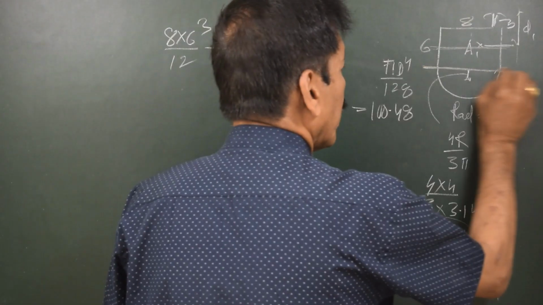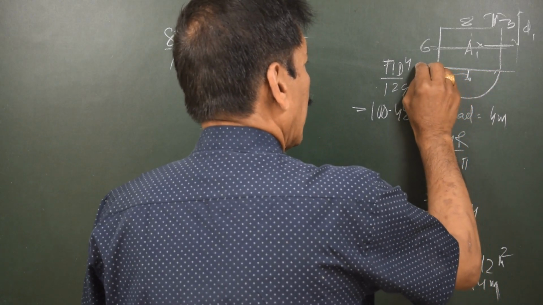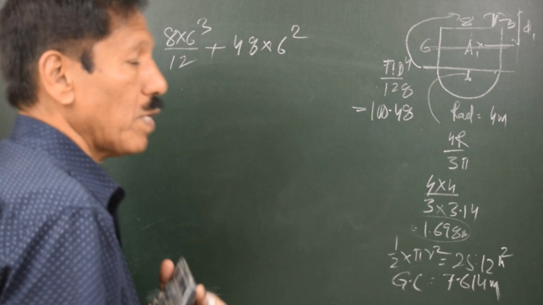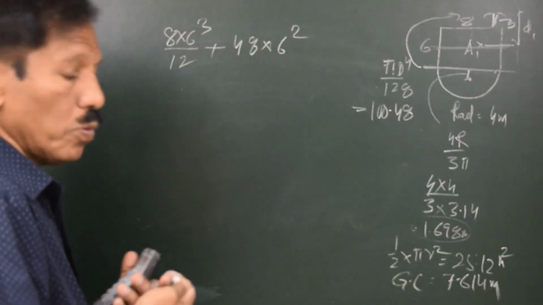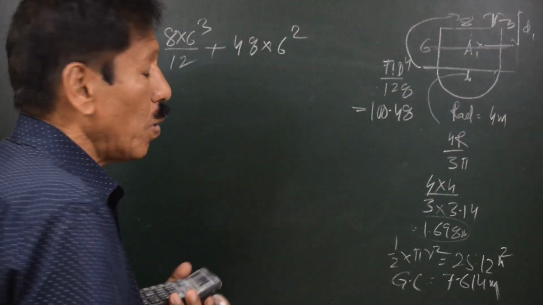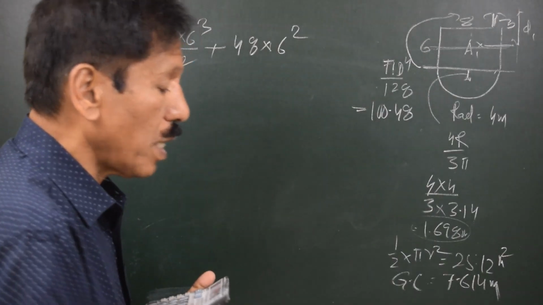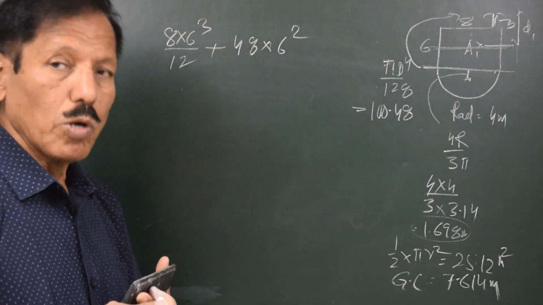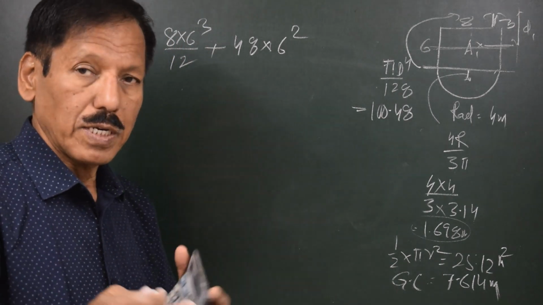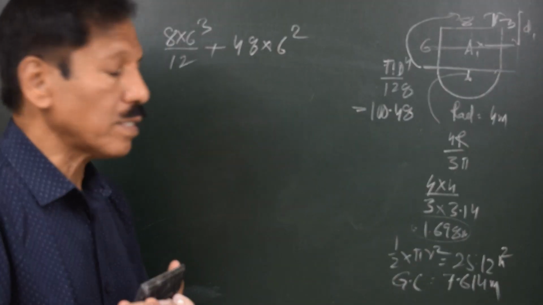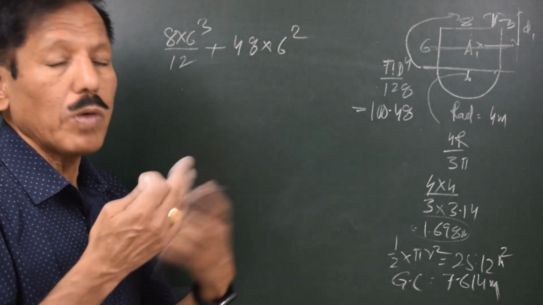The question here is, can I jump from here to the water level to find out the moment of inertia for the water level? The answer is no. Now here we are going to learn one very important golden rule. When we are using the theorem of parallel axis, either we can go towards the centroid axis or we can jump from the centroid axis.